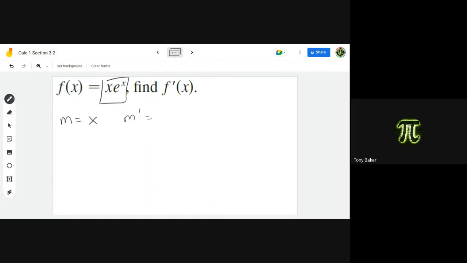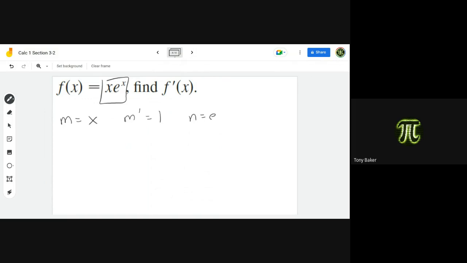What's the derivative of x? 1. Lot simpler than you were trying to make it. Because remember, when you're looking at this, we want to split this up. We have a product. We have two things that we're multiplying. So if m is x, m prime is 1.